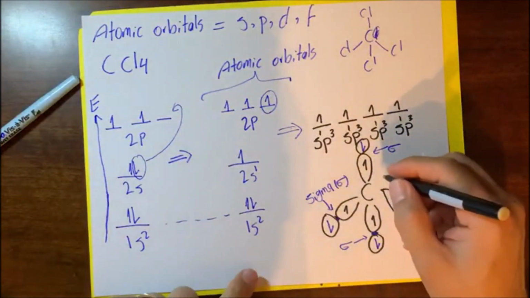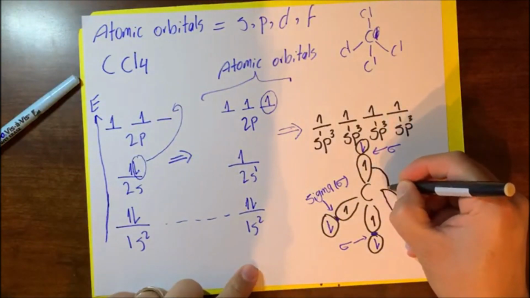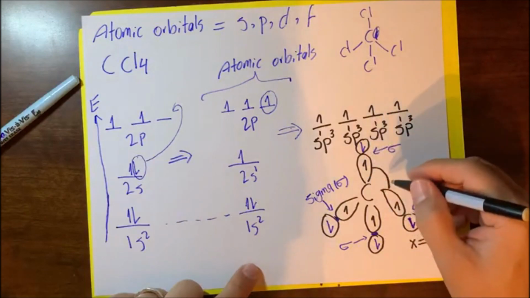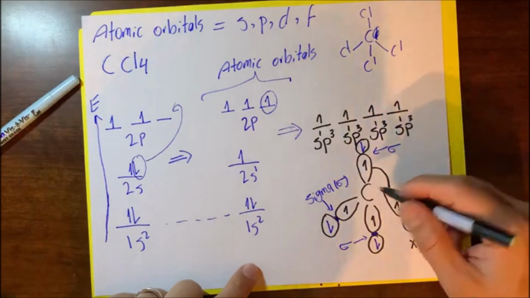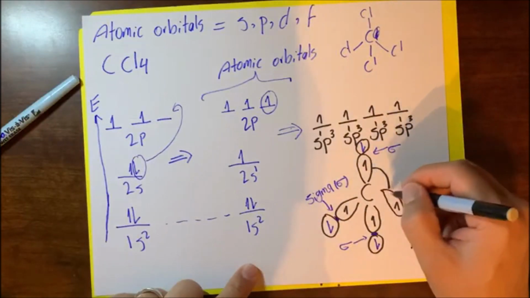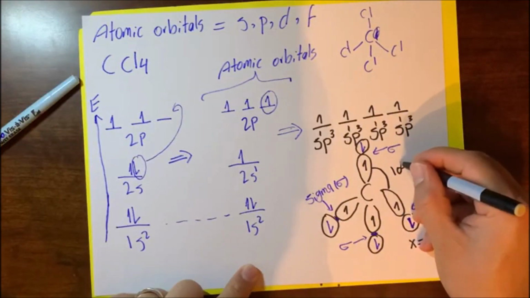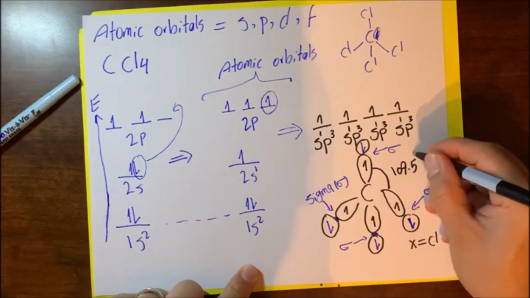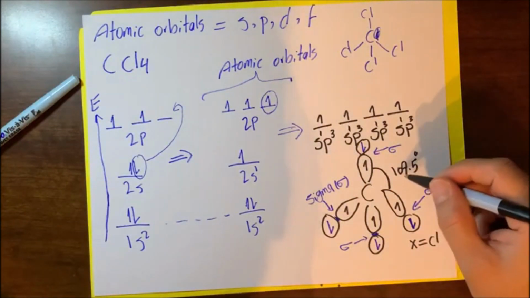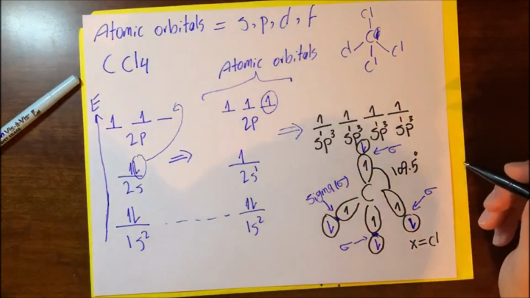The bond angle between these orbitals, regardless of what you have as a central atom, regardless of what you have as an outer atom, is 109.5 degrees. Sorry about that, 109.5 degrees.